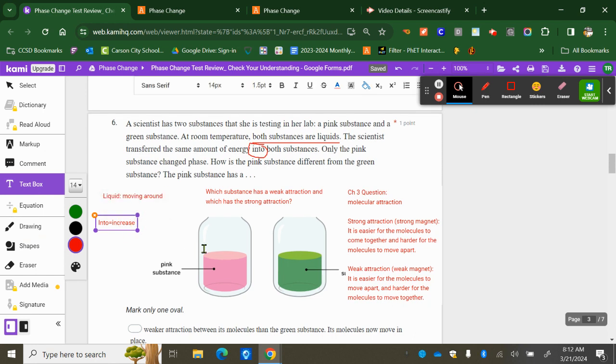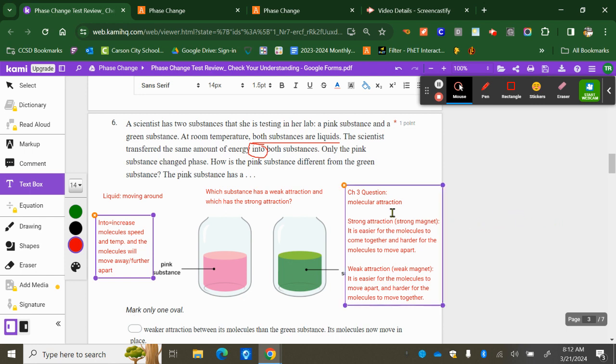So if I am increasing the molecule's speed and temperature, the molecules will move away or further apart. Okay, so as I transfer energy into, I'm increasing the molecule's speed and temperature, and those molecules will eventually start to move away or get more space. They're going to move apart from each other.